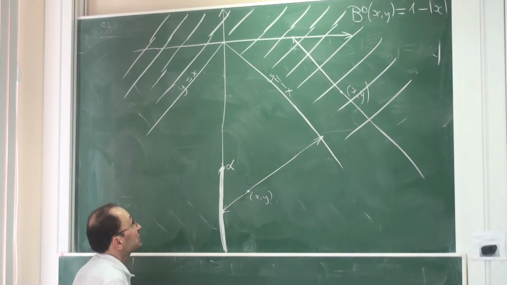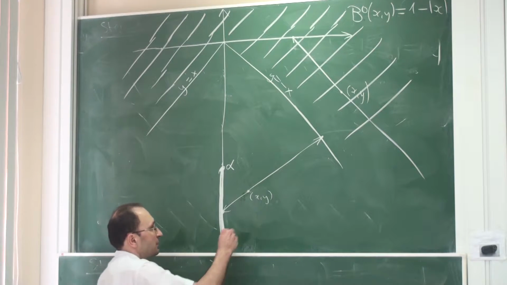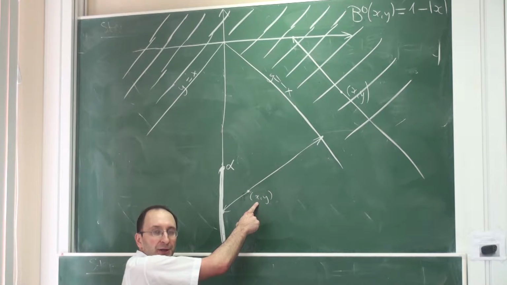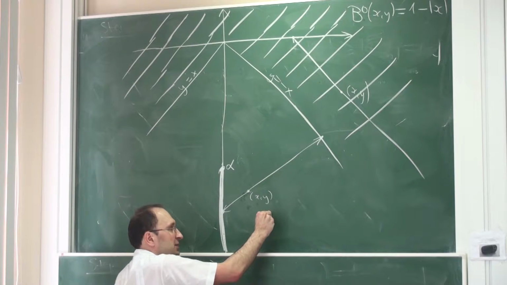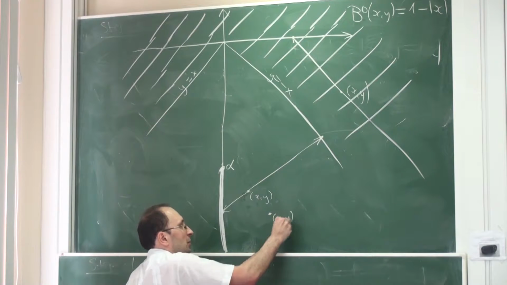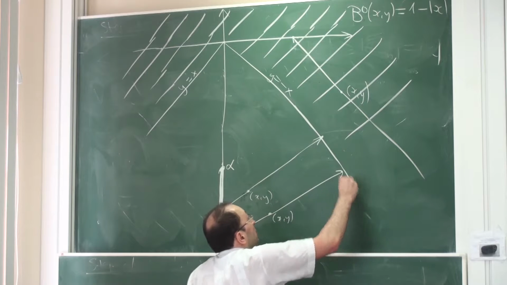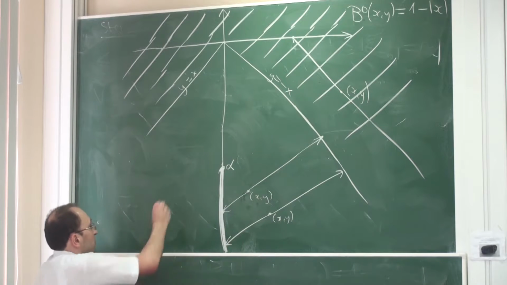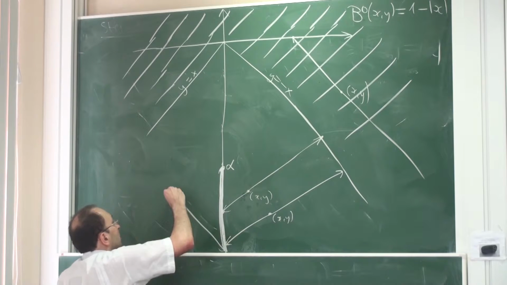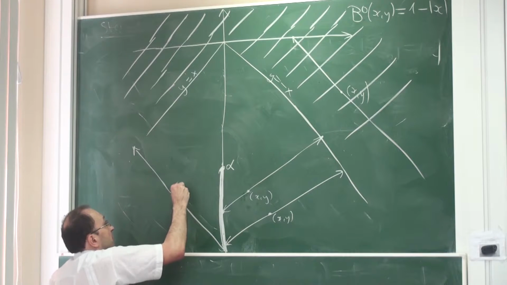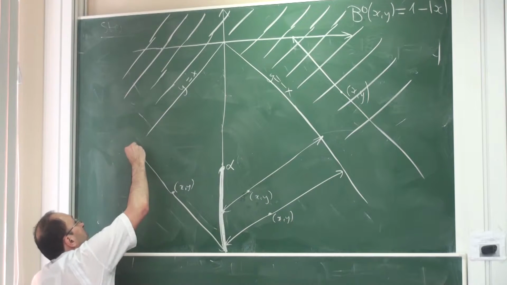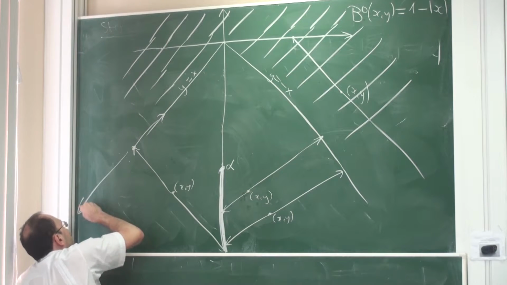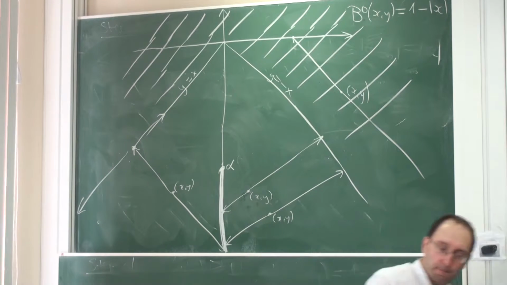This argumentation leads to the following conjecture, that for such a point xy as here, this is the best martingale pair. If one works a little bit, this becomes very natural. Everywhere here, we just move along the line of slope 1. Of course, here we move along the line of slope -1. And of course, here we stop. And here we go either to 0, 0 or deep down.